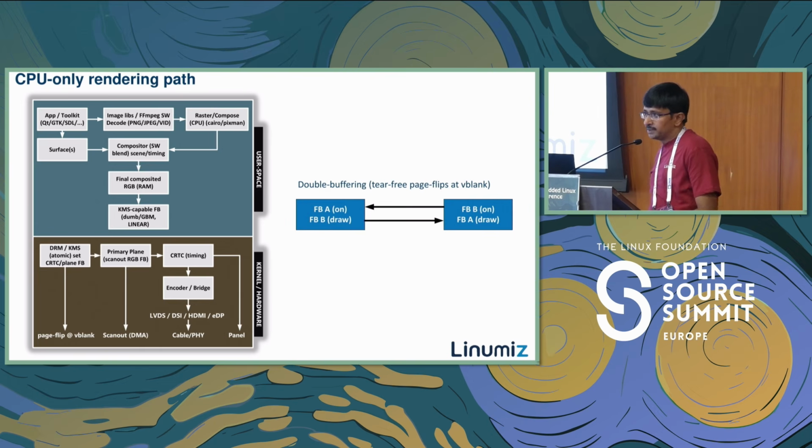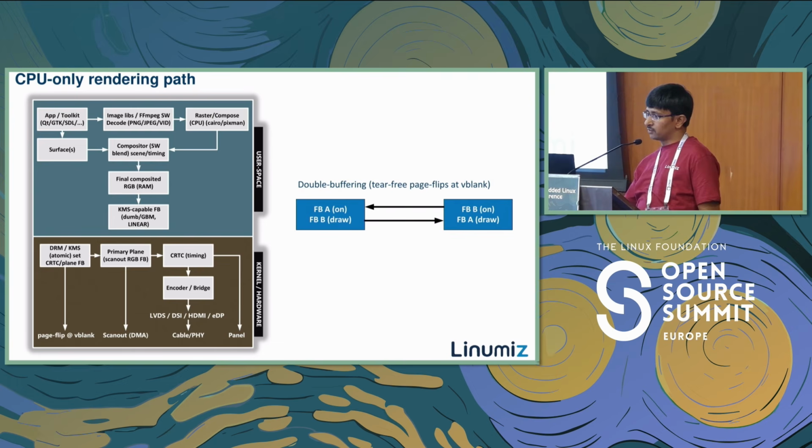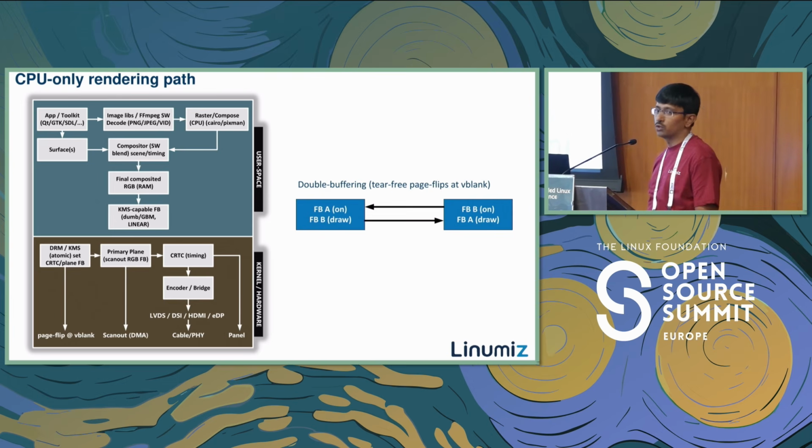I have two representations here, one for the GPU accelerated path and one for the CPU only path. So when you do not have a GPU in your system, or you do not have functional software for the GPU, how does the rendering system work with the CPU path only?